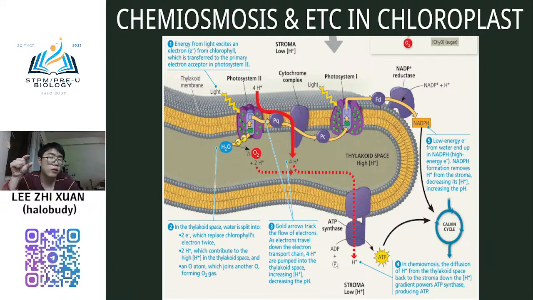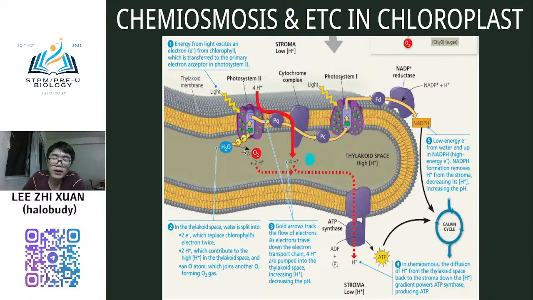In oxidative phosphorylation, your chemiosmosis occurs at the inner membrane of the mitochondria, and the hydrogen ions are accumulated at the intermembrane space, and inside the matrix there are few hydrogen ions. But here it is reversed. You see here, it is reversed.